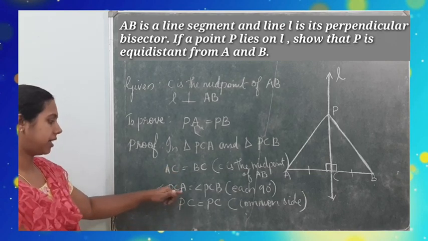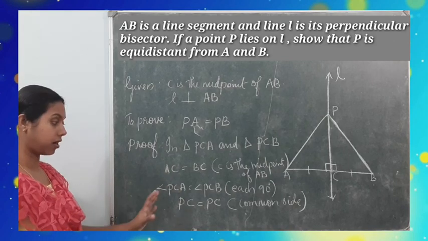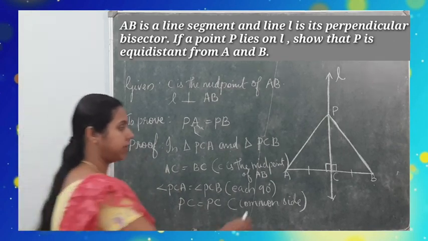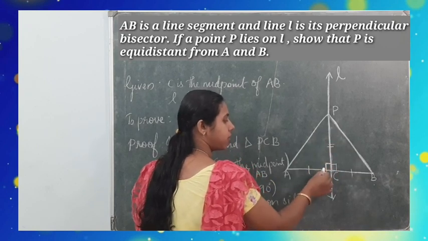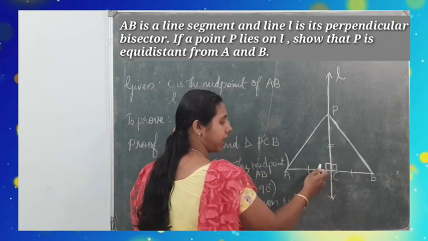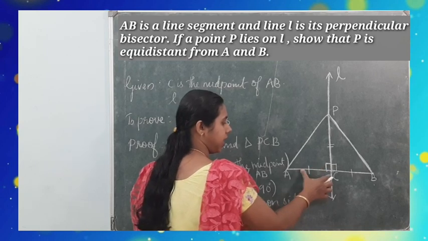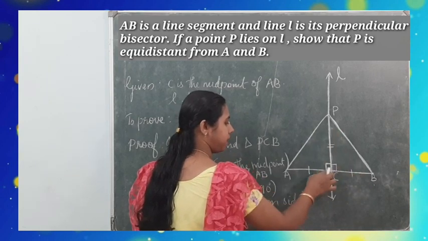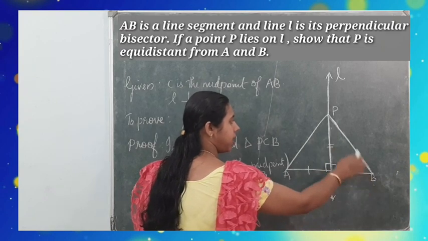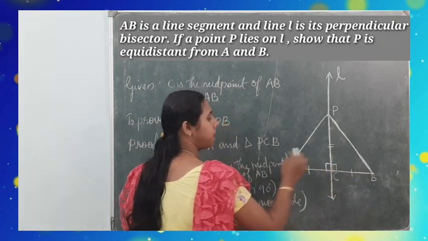Let's check whether this angle is the included angle. Here this is the equal side and these two are the common side. So this angle is the included angle of these two equal sides. AC equal to CB, angle PCA equal to angle PCB and PC equal to PC.